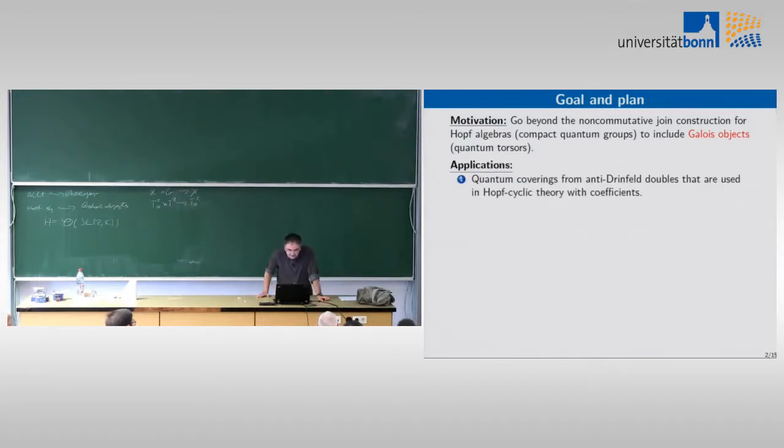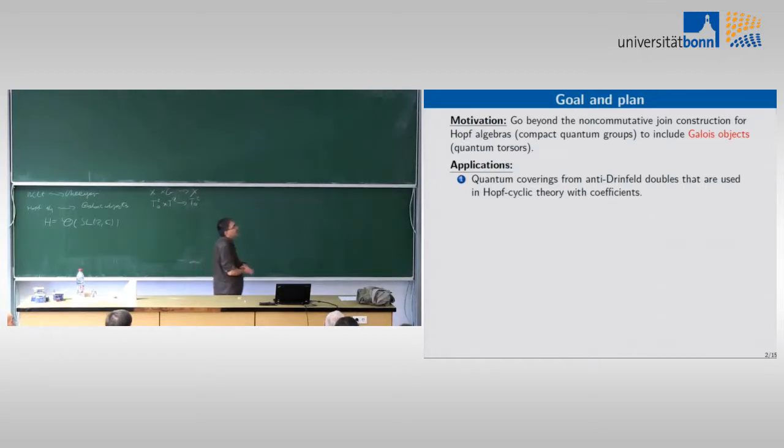Okay? So what are the applications? Well, first, as I said, I want to show you how to produce Galois objects from Drinfeld doubles, and they all occurred in our work on Hopf cyclic homology, where we just realized that stable anti-Drinfeld modules are nothing else but modules over what we call anti-Drinfeld doubles, which are slightly twisted versions of Drinfeld doubles, and they happen to be Galois objects.